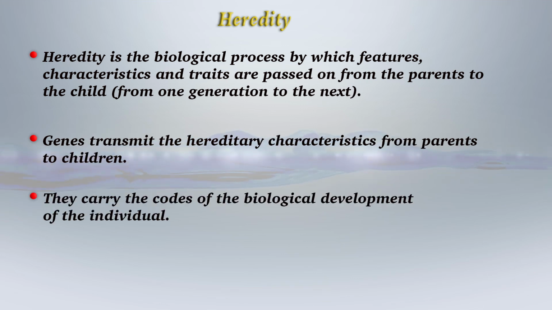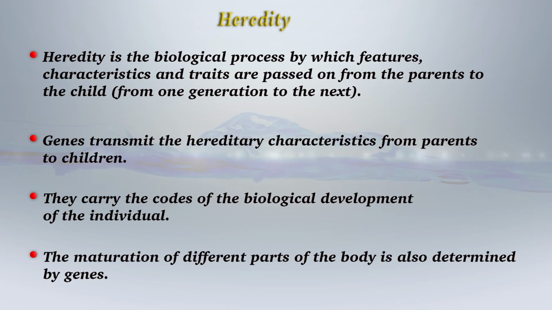On the genes are the codes of biological development of the individual. So, genes will determine at what time, at what stage will different body parts mature, at what stage will a particular part of the body or a particular organ will show its maturational development. That is all governed by the genes.